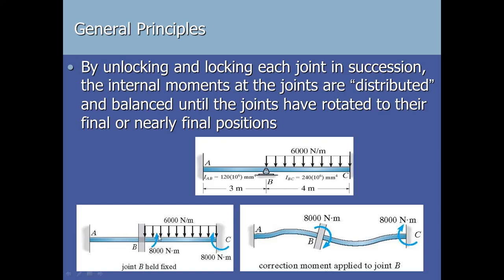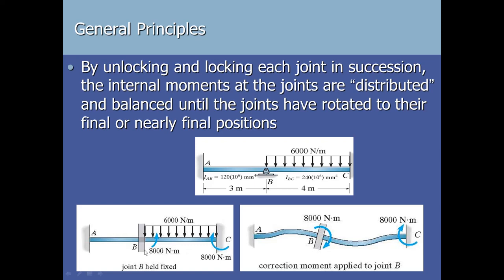So we will calculate these fixed end moments for this loading condition when there is UDL on the whole span, and we can find these values from the table of fixed end moments, which I have calculated here as 8000 and 8000 at C. Then in the next step, when we go for unlocking, we release this joint and allow it to come to the equilibrium position.